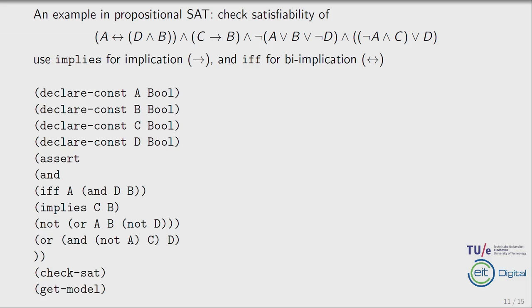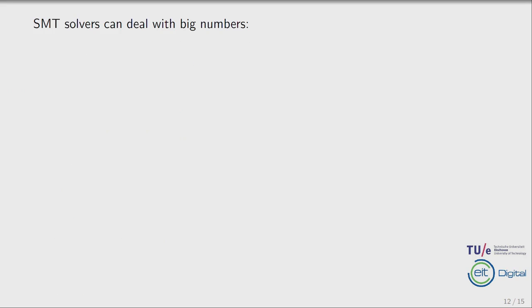And then the formula reads as follows. We declare a constant of type bool a and the same for b, c and d. We have an assert and there we simply express the formula as given on top. And we conclude by check-sat and get-model, and indeed this gives the solution.